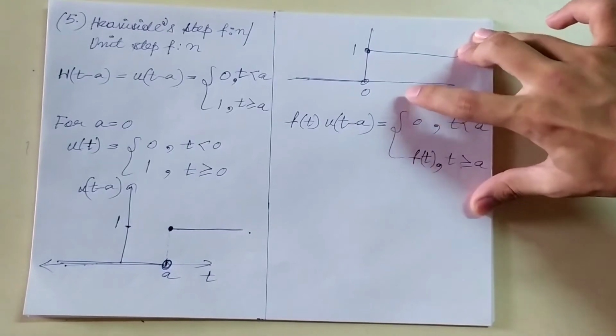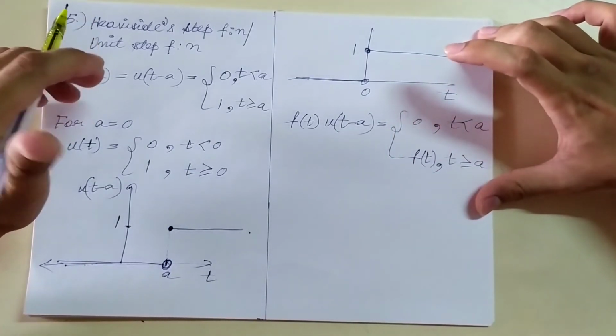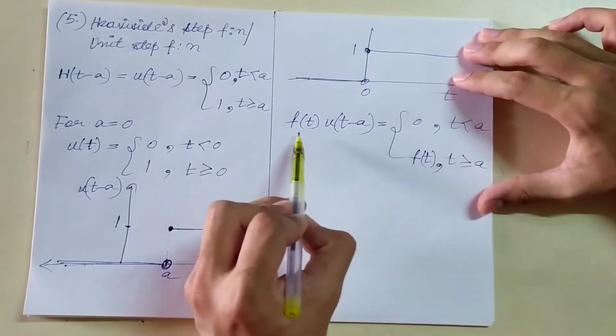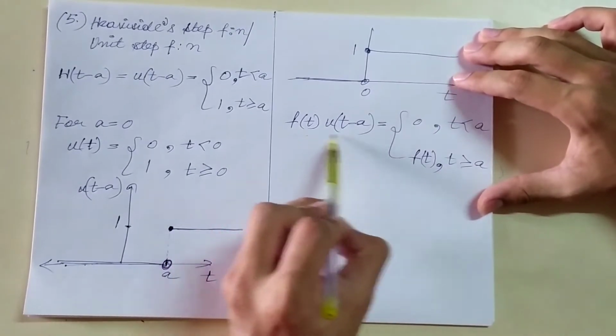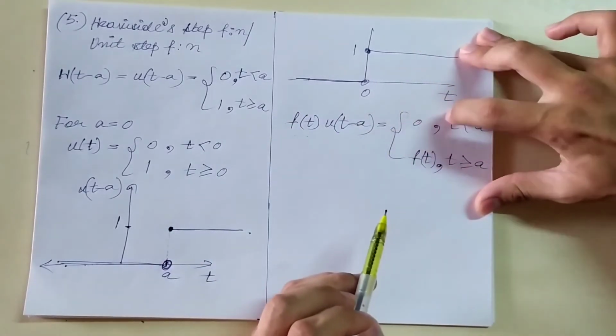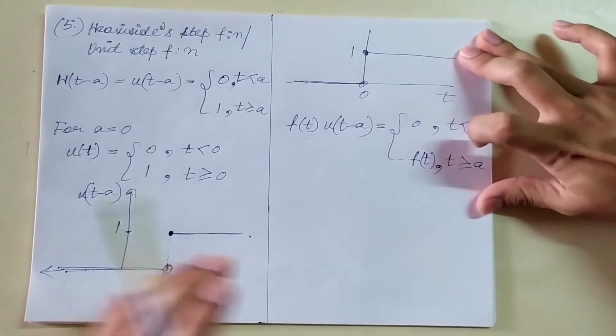So this is a property of the Heaviside step function and unit step function. The property is that the product of any function with the Heaviside step function u(t minus a) can be given as 0 for t less than a and f(t) for t greater than or equal to a.